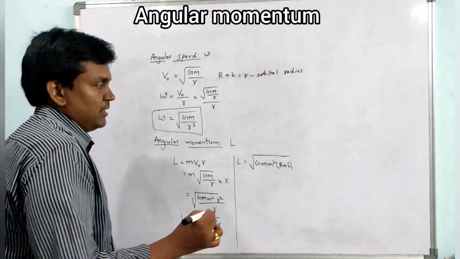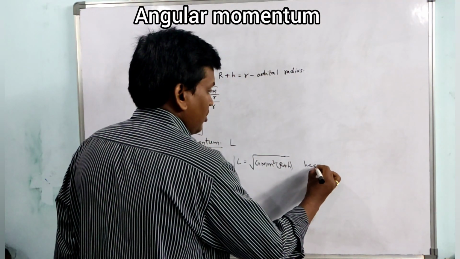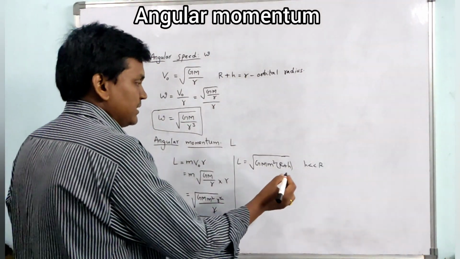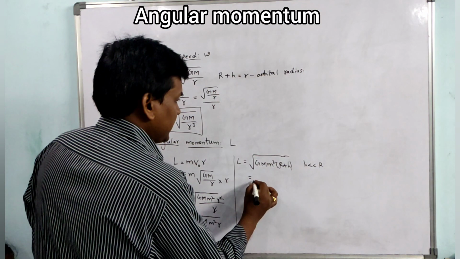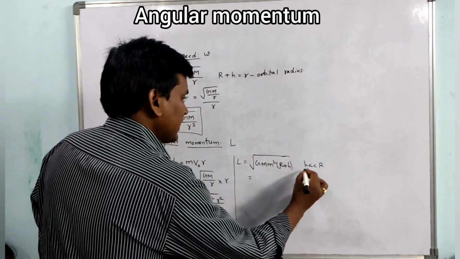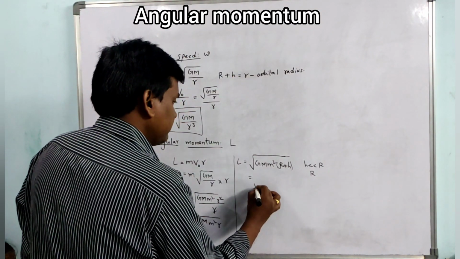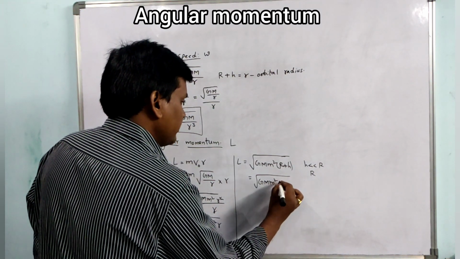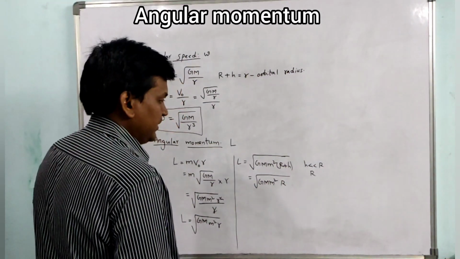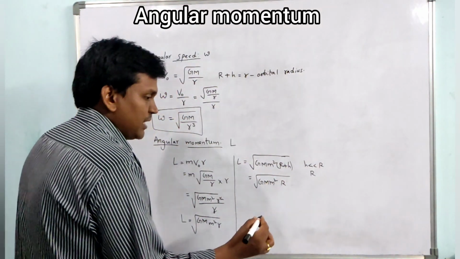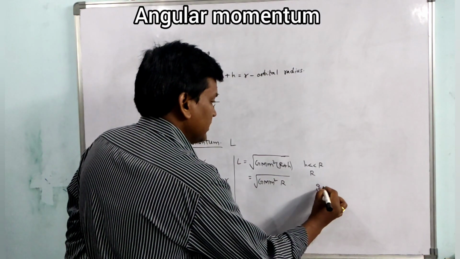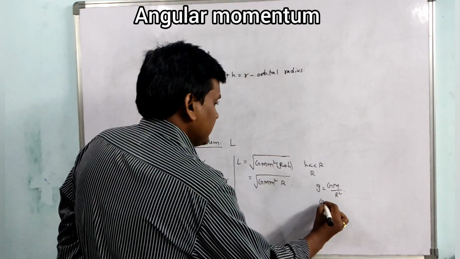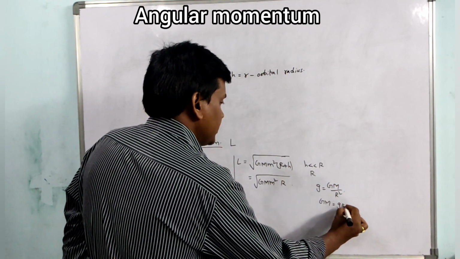And here if h is much less than the radius of the earth, then simply we can write this as R. That means root over GM m squared into R. And from the relation g equal to GM by R squared, GM equal to gR squared.